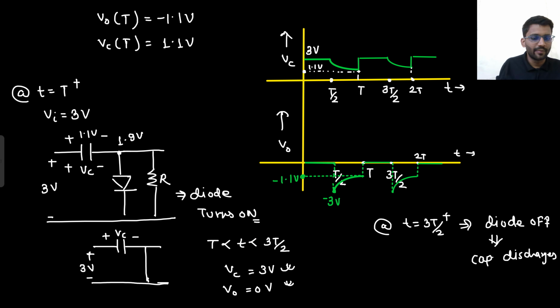Now we need to make a comment on V naught. So I will draw the V naught waveform more clearly so that you can comment on V naught. We don't need to make comment on VC, but we need to comment on V naught.